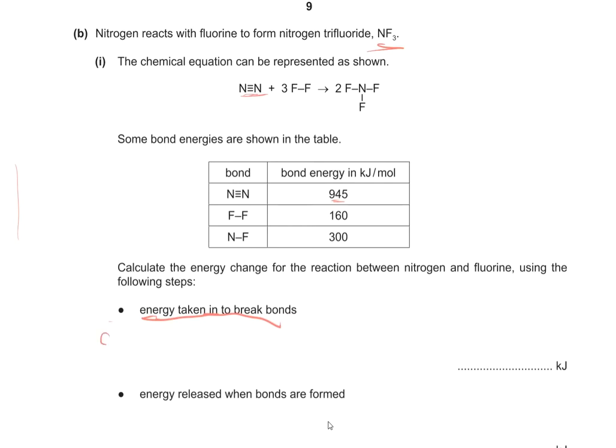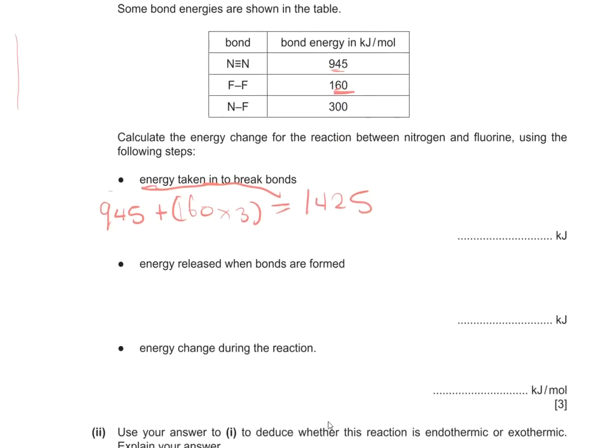So we're going to write down 945, and then we have the other bonds, which are 3 F-F bonds, which is 160 each, and since we have 3, we're going to add 160 by 3 to the 945.